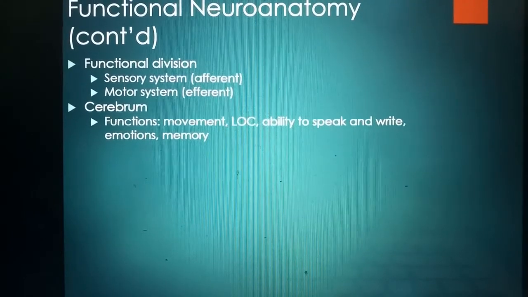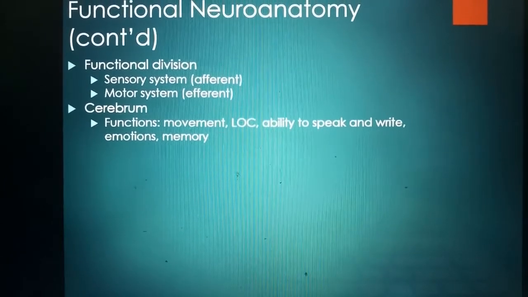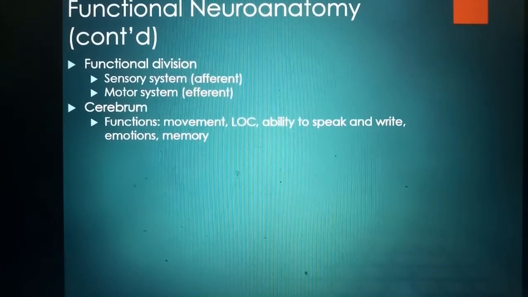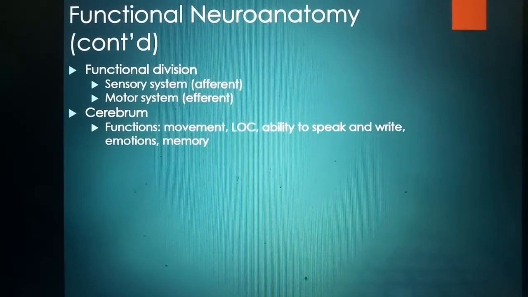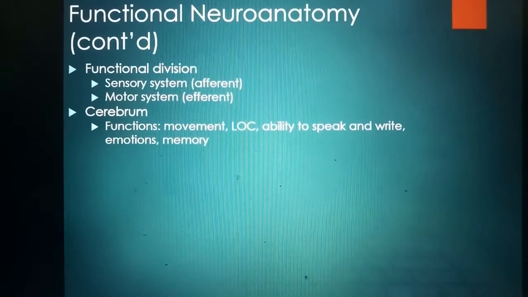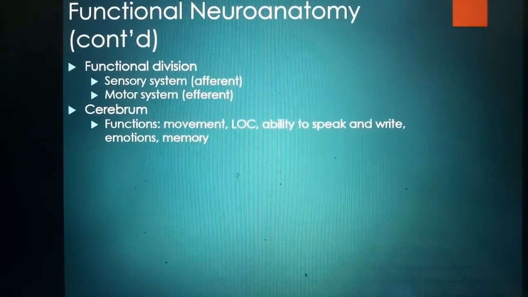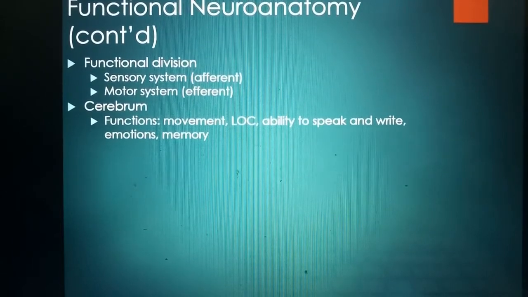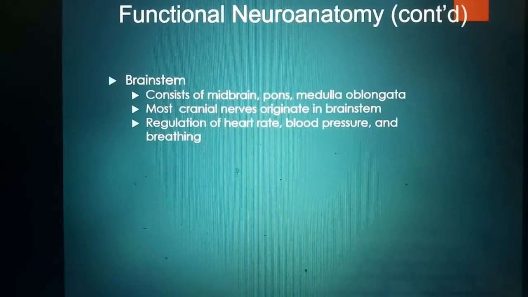If our cerebrum does not work properly, which happens in certain diseases like stroke or even head injuries, people lose their ability to speak, write, or move. When they cannot move, it is called paralysis, which happens in stroke and other diseases. So you understand how each part of the brain controls various activities that we do.